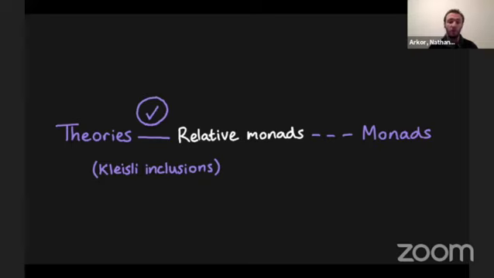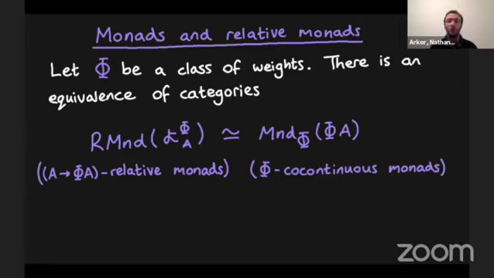So now we're going to try to draw a connection between relative monads and monads. And we can also do this. We're going to fix a class Phi of weights, and we think of Phi as being some class of colimit diagrams, essentially.